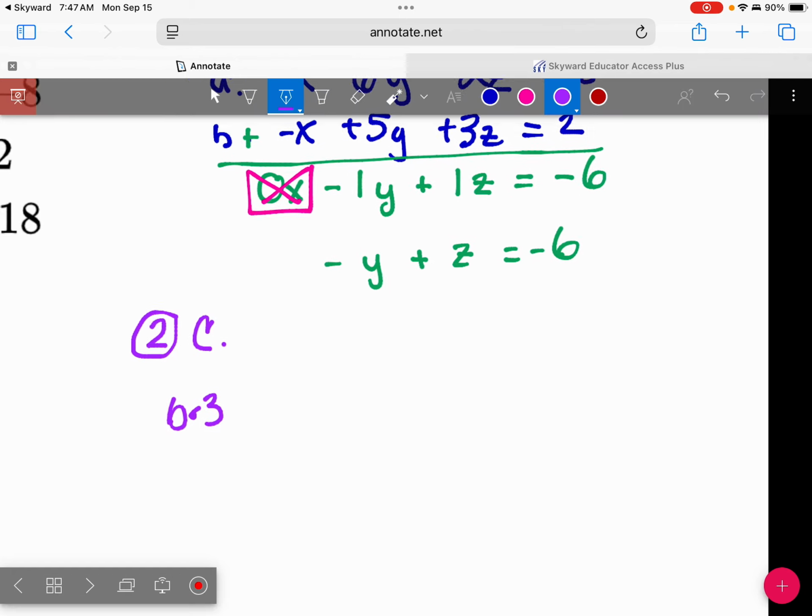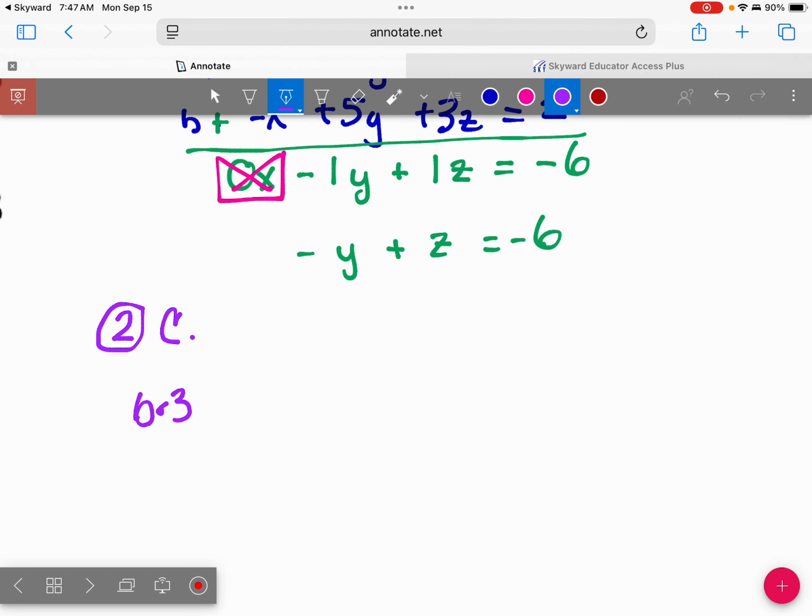So my equation C, when I write that, is going to have our 3x minus 2y minus 4z equals 18. And B times 3, we're going to take our minus x times 3. That's going to give us a minus 3x.